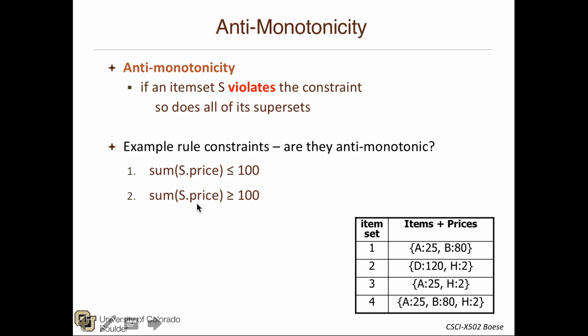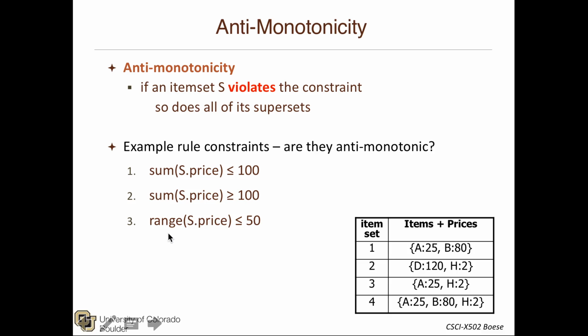If we've only checked those 2 items and there are still 20 more to go, we might end up meeting this constraint. So this would not be anti-monotonic, because we have to keep going through the rest of the set and find the full superset that may satisfy this constraint.